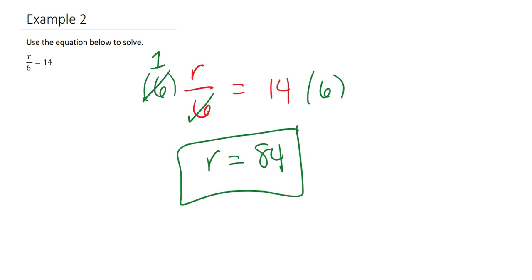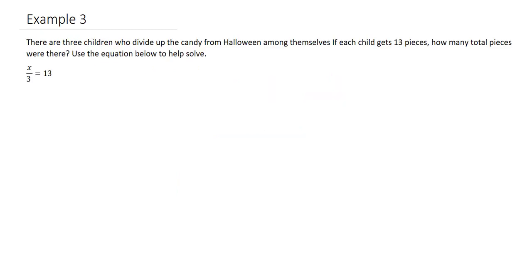So let's do another example. Example 3: There are 3 children who divided up the candy from Halloween among themselves. If each child gets 13 pieces, how many total pieces were there? Here is our equation we're going to use to solve.